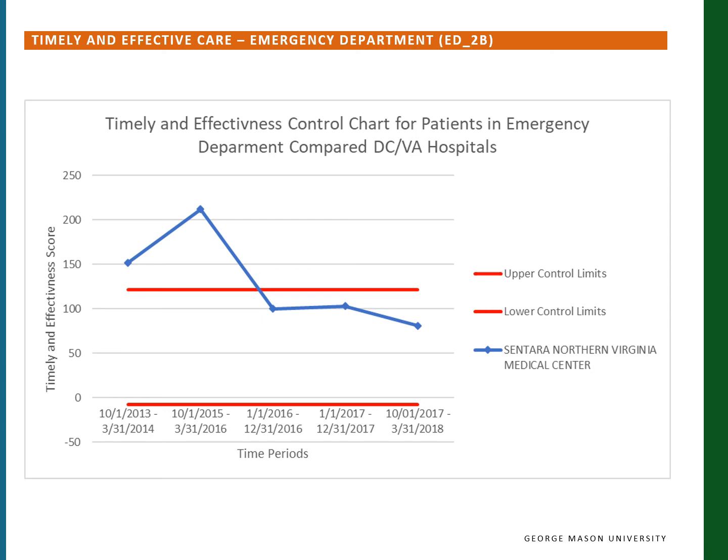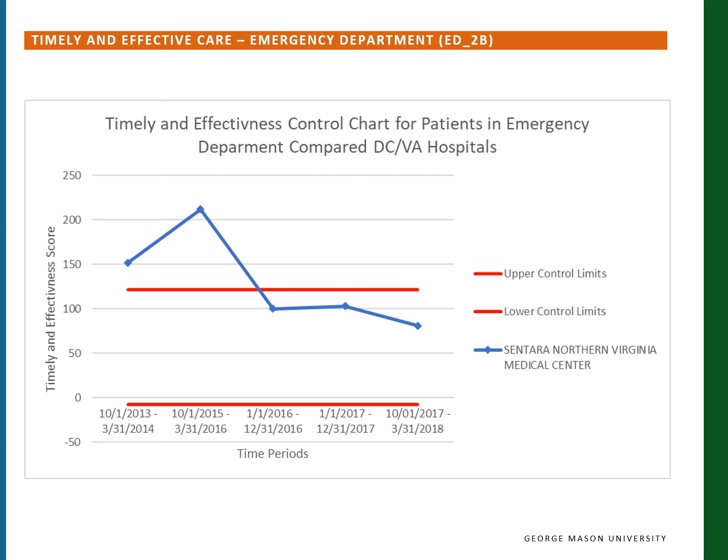The average median time patients spent in the emergency department after the doctor decided to admit them as an inpatient before leaving the emergency department for their inpatient room, a lower number of minutes is better. So the lower score, the better when it comes to how Sentara is displayed on this control chart.